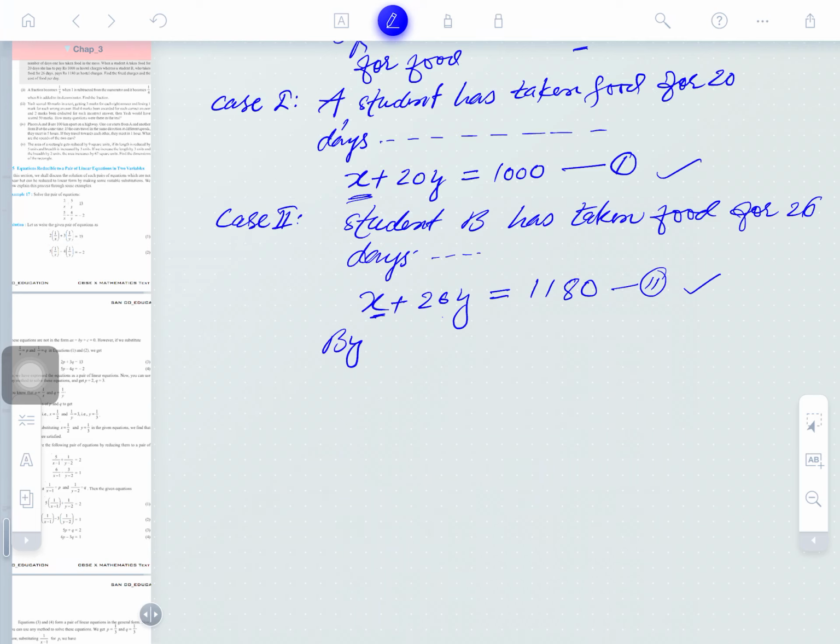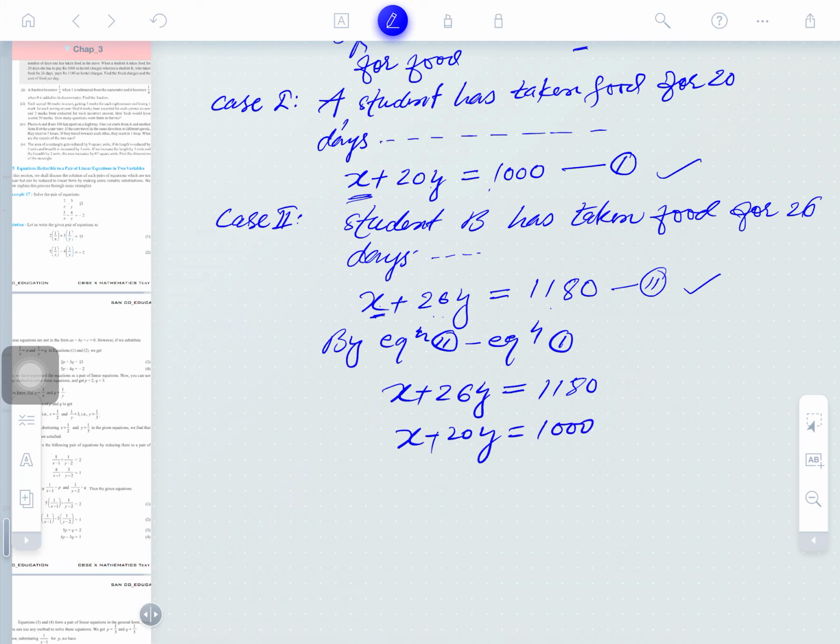So subtracting equation 1 from equation 2, x cancels. 26 minus 20 is 6, times y. 1180 minus 1000 is 180. So it is very simple here. Equation second minus equation first: x plus 26y is equal to 1180, minus x plus 20y is equal to 1000.